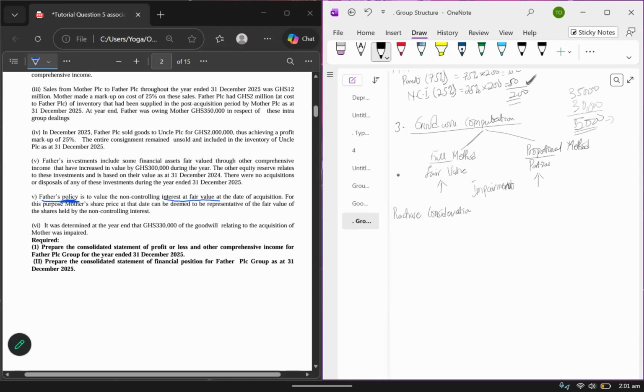So goodwill is basically the excess of your purchase consideration over the net assets of the subsidiary. Okay. Now, depending on the method that you are using, certain things might go in there. So for the fair value method, you have the purchase consideration. Then you add the fair value of NCI. Okay, you add it. Then you less the net asset.